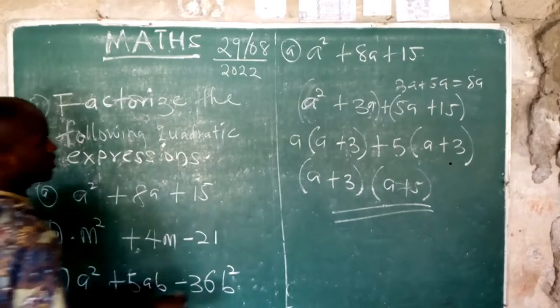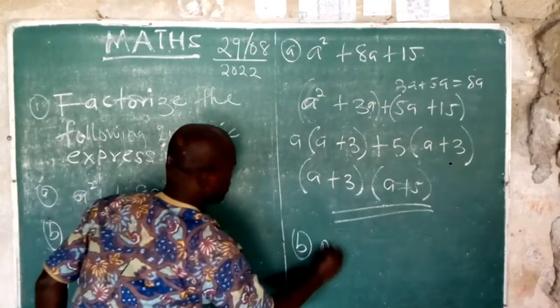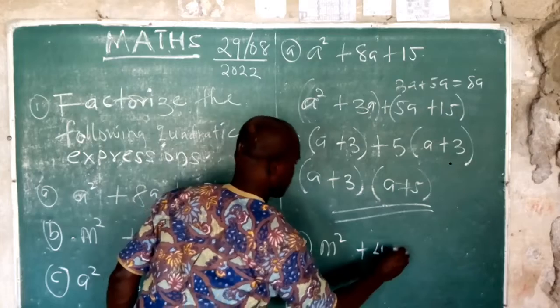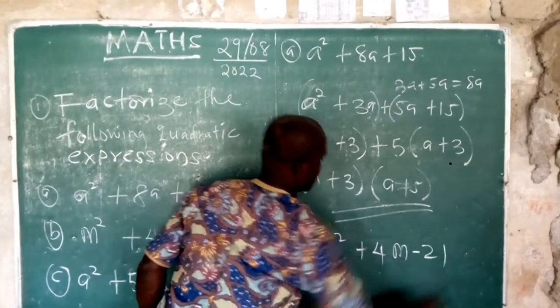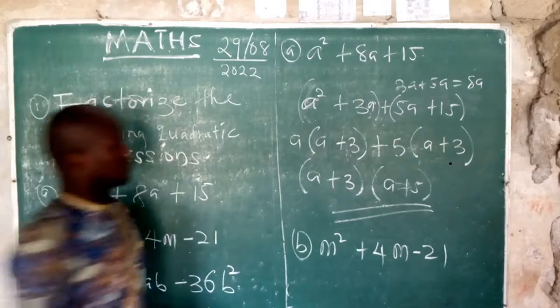Now we go back to the next one. The next one says m squared plus 4m minus 21. Okay, let's do it up here.